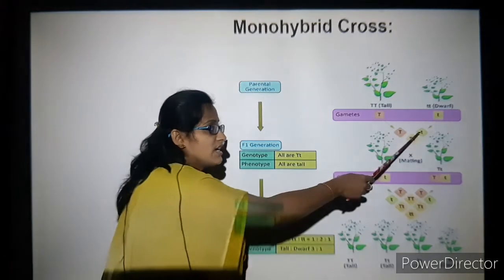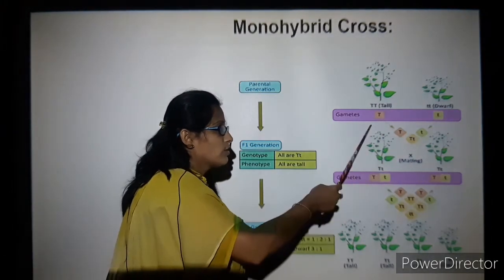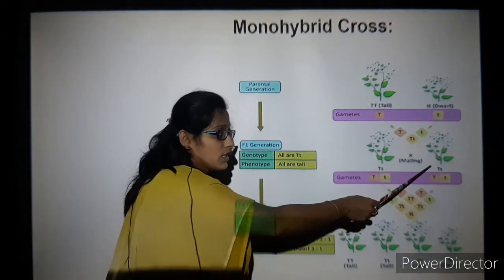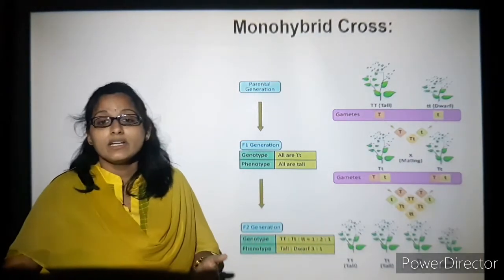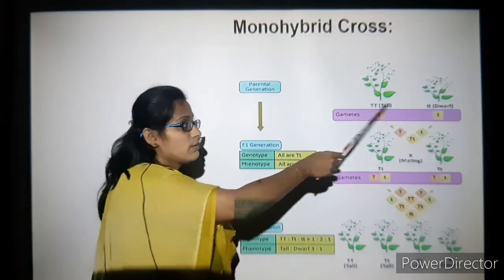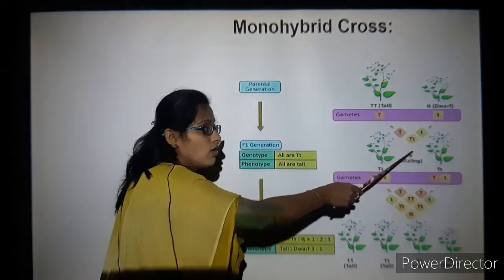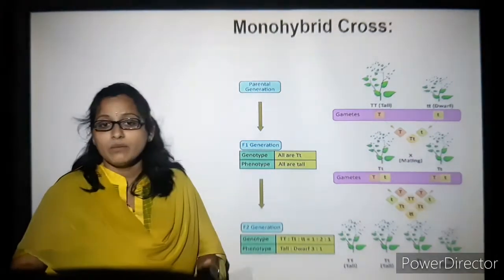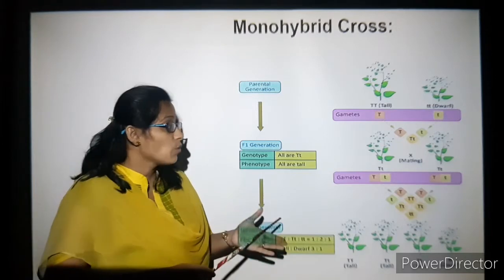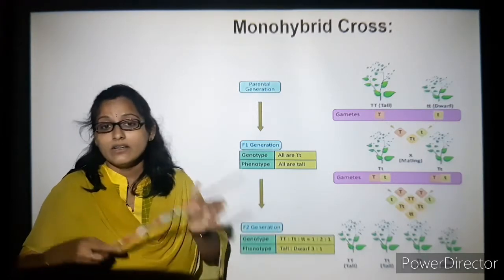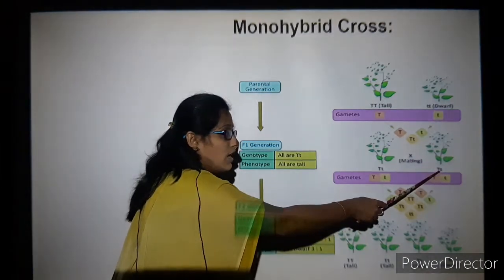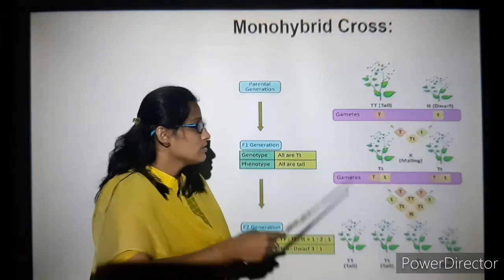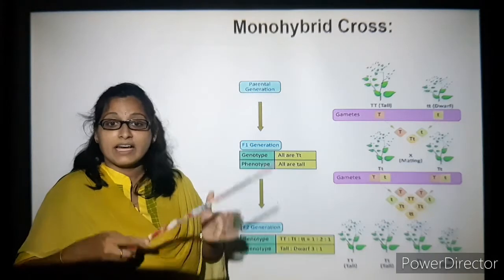So big T and small t will give rise to a tall plant. Again crossing is done with a tall plant which is hybrid in nature. What we got in the first generation is a hybrid plant which has both the characteristics, tall and dwarf. So again you are crossing it with the hybrid variety, that is tall and dwarf characters in it.